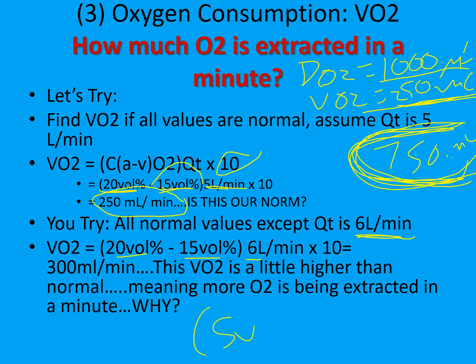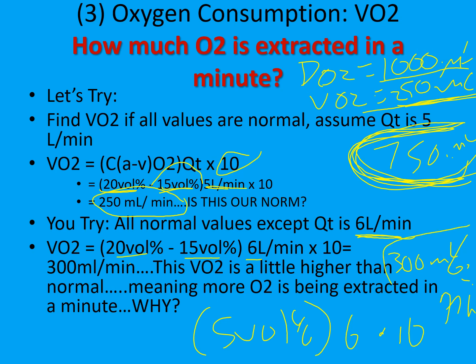So we have 5 volumes percent times 6 times 10. Okay, what's 5 times 6? So this would be 30, right? 5 times 6 is 30. So 30, add a 0 behind it, that would be 300. So this is going to be 300 mLs of oxygen per minute.